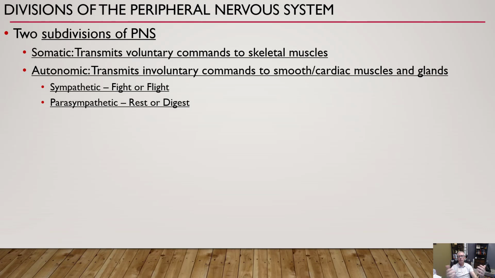We don't know that this is happening because it's involuntary. Within the autonomic nervous system, we have the sympathetic and parasympathetic nervous system. You might know the sympathetic as fight or flight, and the parasympathetic as rest or digest.